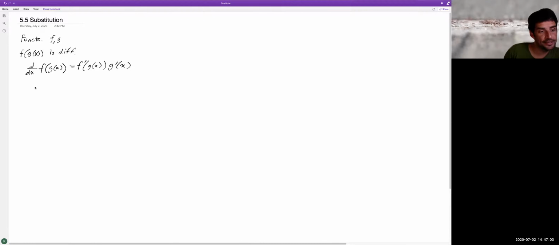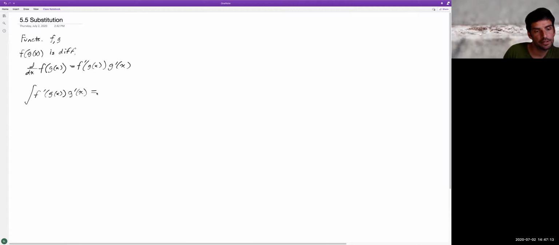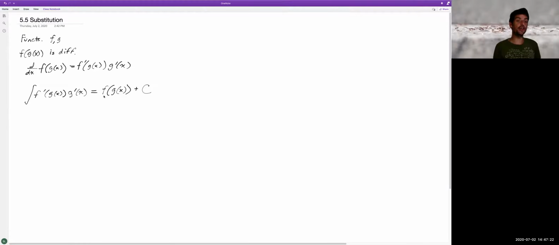Which means if I take the antiderivative, I get f of g of x plus c, right? We already know an antiderivative of f prime of g of x.